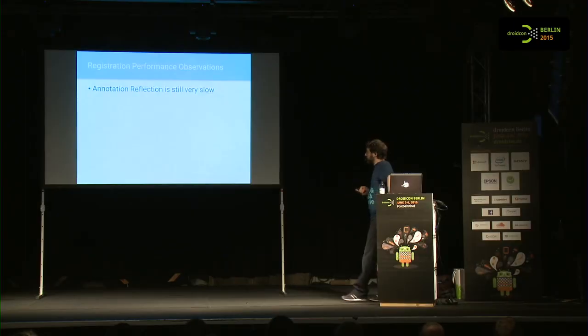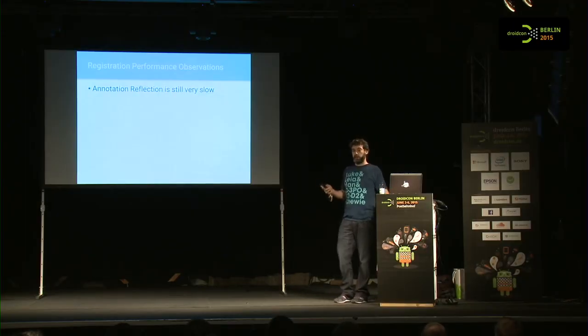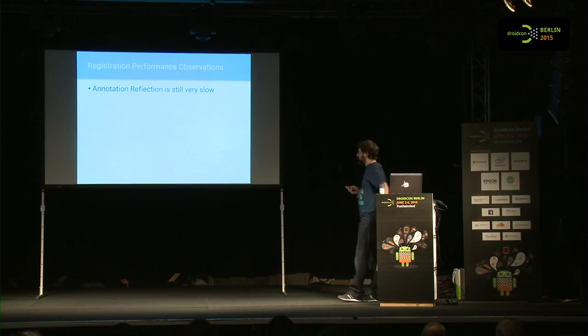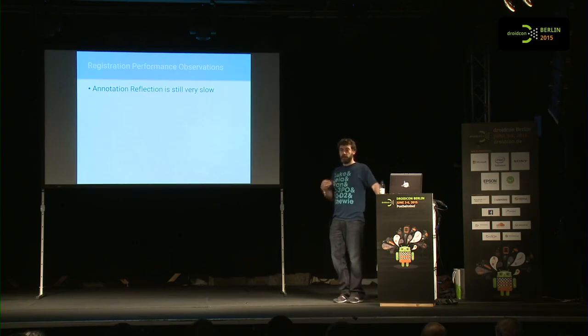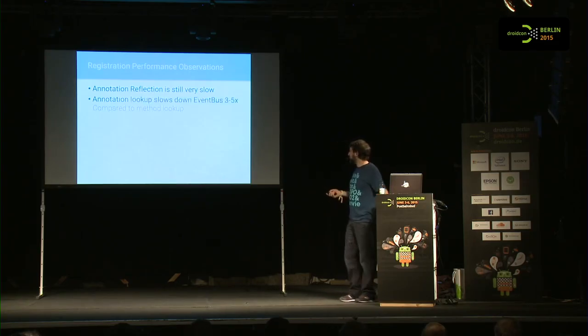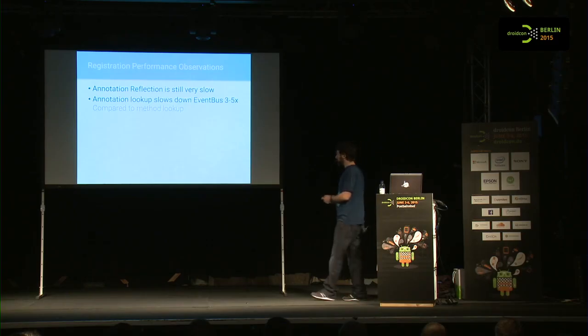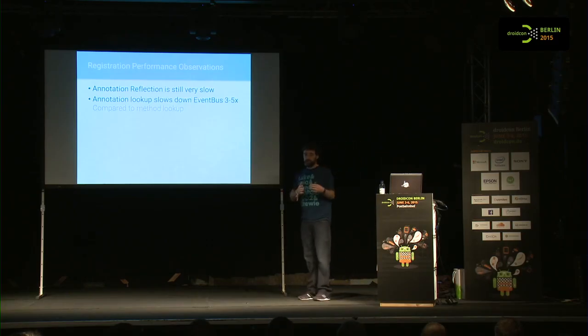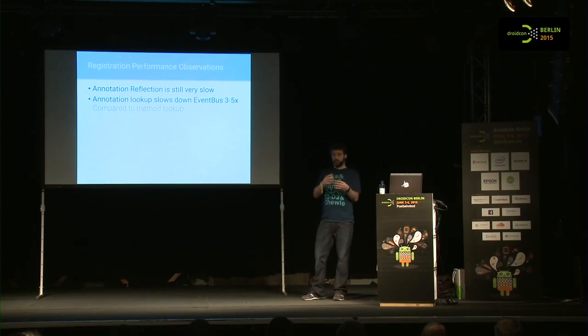The funny thing is, over the years, reflection for annotations still didn't get really faster. So this is very painful. If you compare just reflecting the method and reflecting the method plus the annotations, it slows down EventBus 3 to 5 times.